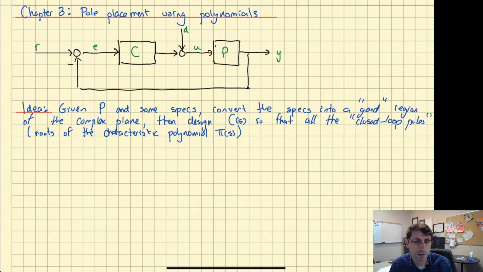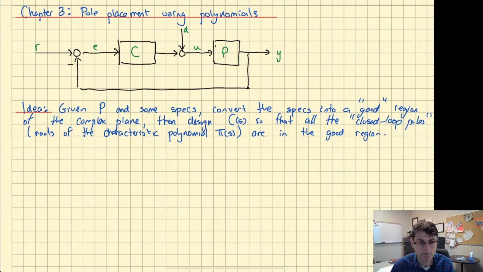That's what I'm talking about when I say closed loop poles: the roots of that polynomial which determines input-output stability. Okay, so that's the basic idea. So let's do an example to motivate what will come.